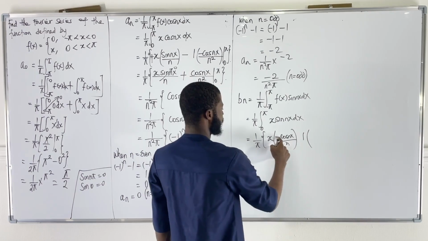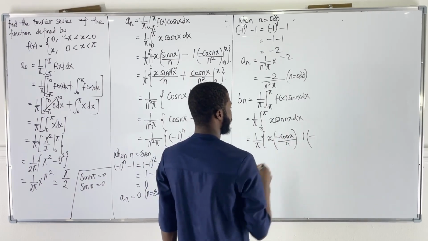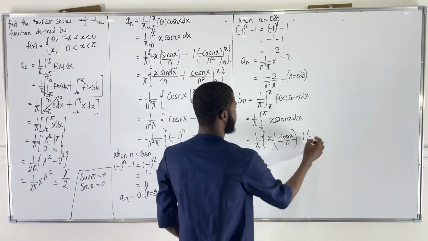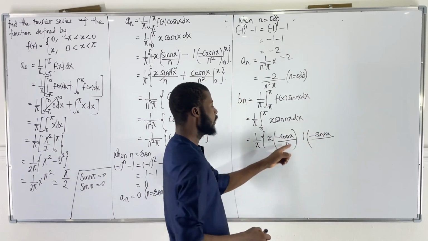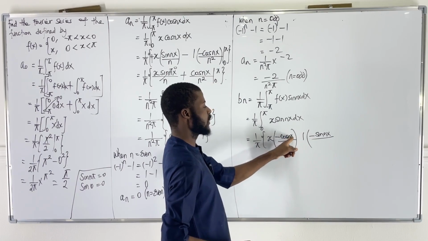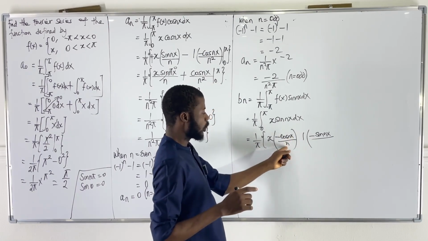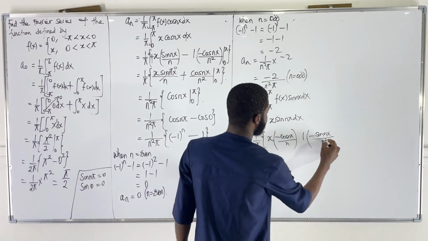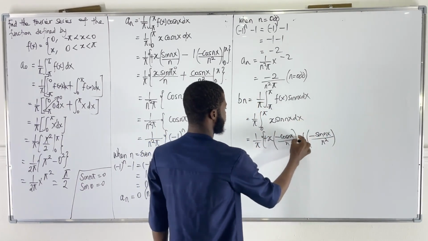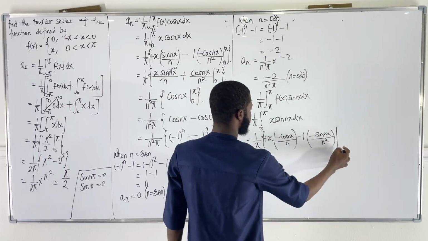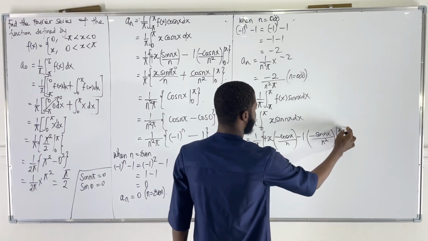So integrate this minus cos. Write your minus first. This cos will give us sine nx over, when you differentiate the nx, you're going to get n. That n will come and meet this very n to make it n squared. Then the correct sign is this is plus and this is minus. And then your limit is 0 to pi.